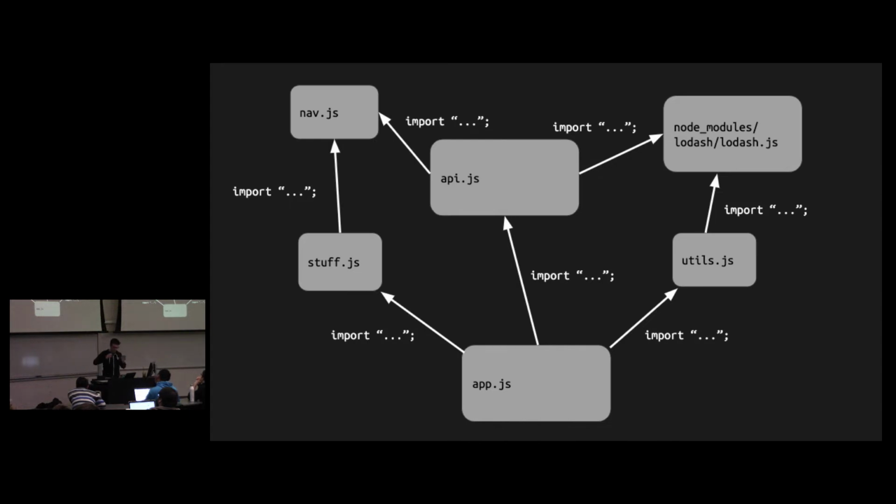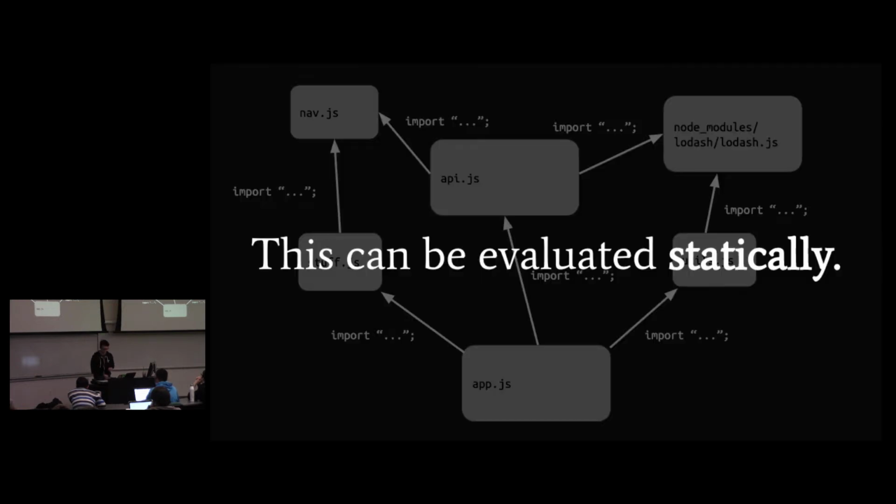And the important thing to understand here is that ECMAScript 2015's import syntax is different from the older syntax by CommonJS in one very important way. This can be evaluated statically.